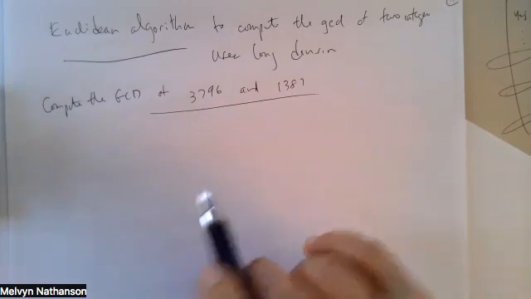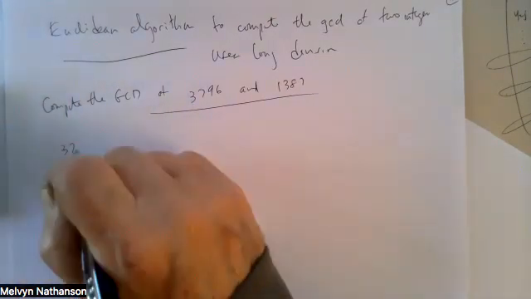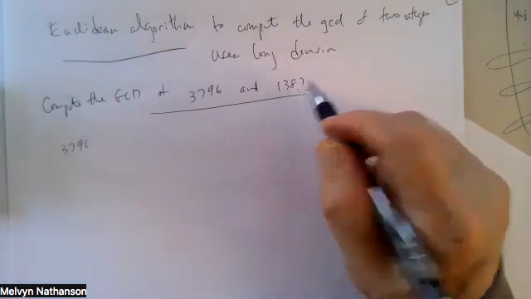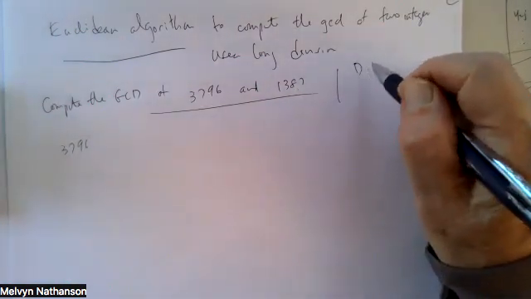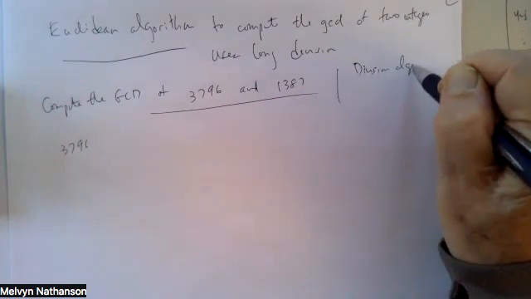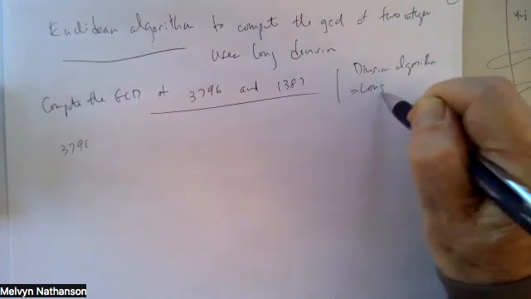So the method is to take the larger of the two numbers, 3796, and divide by the smaller one. There's something called the division algorithm, which is just long division.